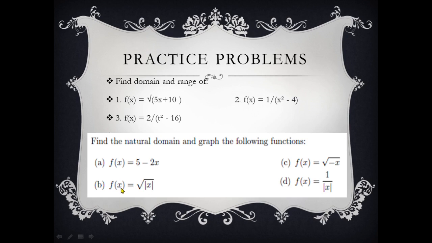And the range will be only positive values. Even for the negative values of x we get positive values, so the range will be 0 to infinity including 0, and the domain is minus infinity to infinity.